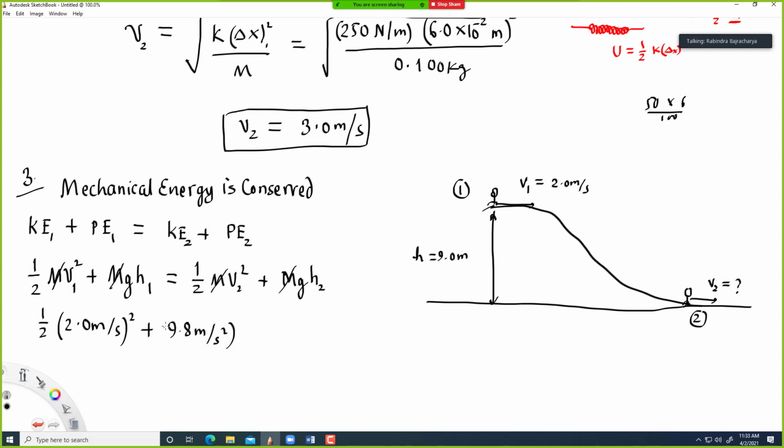That's always true. Initial height is 9 meters. Then 1/2 v2 squared, that's what we want to find, plus, what's the final height? 0, yeah. So that means this is 0.